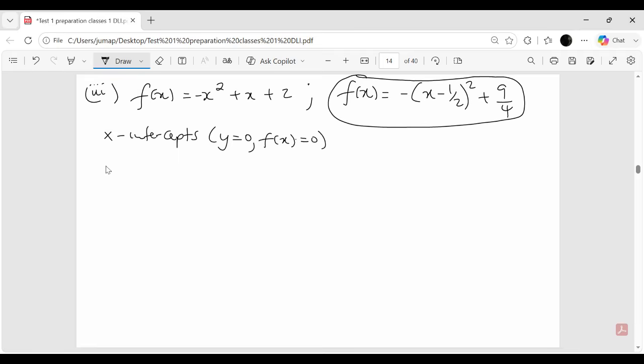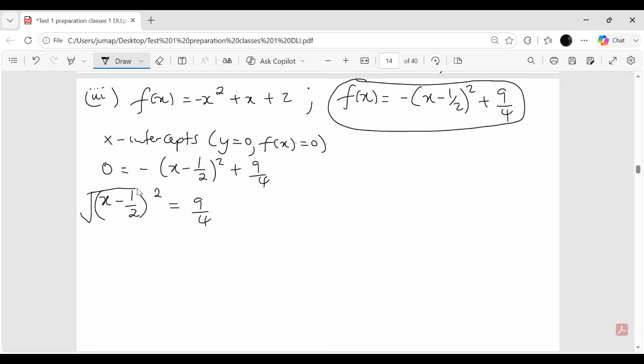So in this case, you have 0 is equal to negative (x minus 1/2) squared plus 9/4, meaning that this one goes to this side, and it is going to be positive (x minus 1/2) squared equals 9/4.